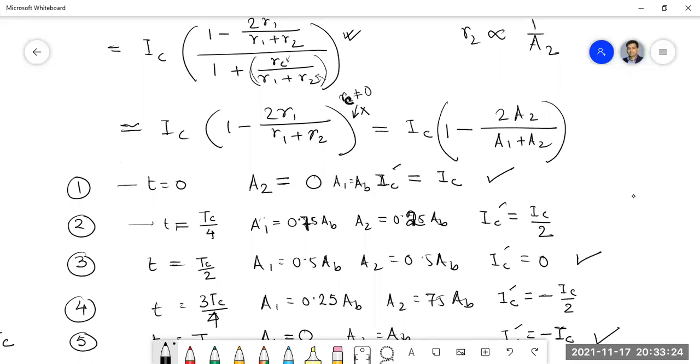But now you have to consider instants number 2 and 4. I am not going to determine the exact values of 2 and 4 because I don't know the exact value of RC. But whatever value we determined without considering RC, will we get less or more than that in instant number 2?